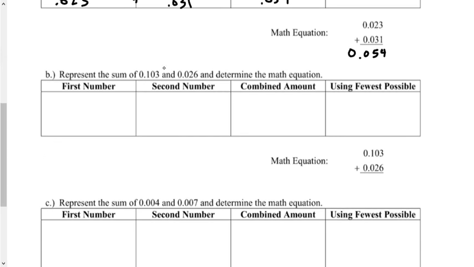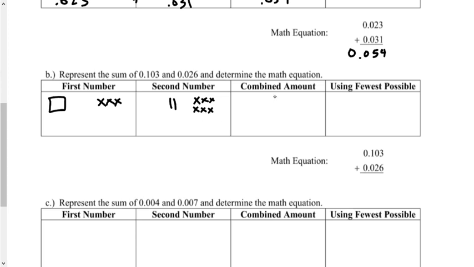Let's represent this one. 0.103, so that's 1 flat, 0 rods, 3 units. Here I've got 0.026, or in other words 26 thousandths. That's 2 rods and 6 units.